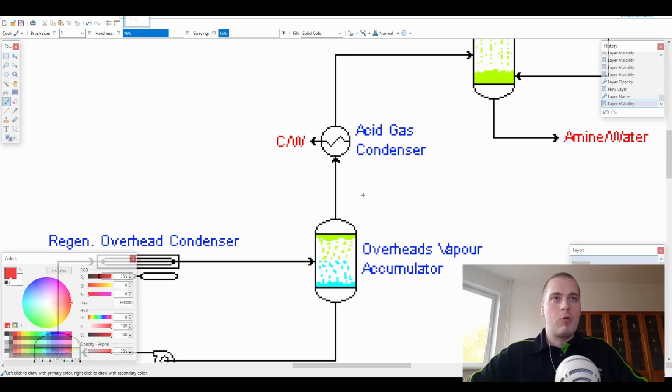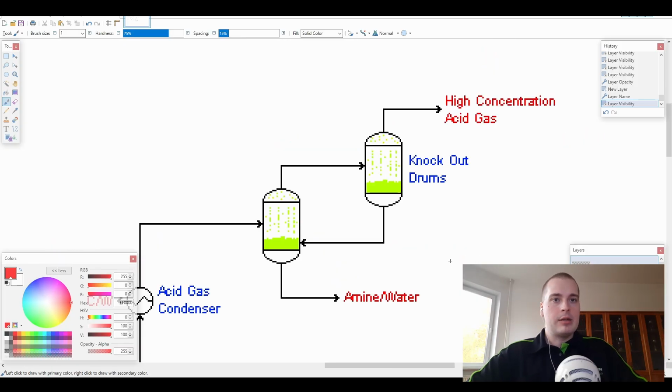Alright, so from the overhead vapor accumulator, our hydrogen sulfide goes into the acid gas condenser, which is, by the way, just another generic heat exchanger. In this heat exchanger, again, we have cold water, which cools our acid gas, our hydrogen sulfide. And then we have two stages of knockout drums, which separate our hydrogen sulfide from amine and water.